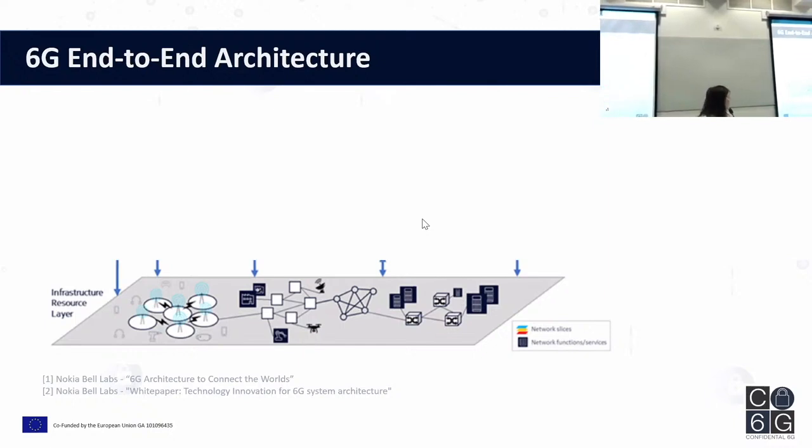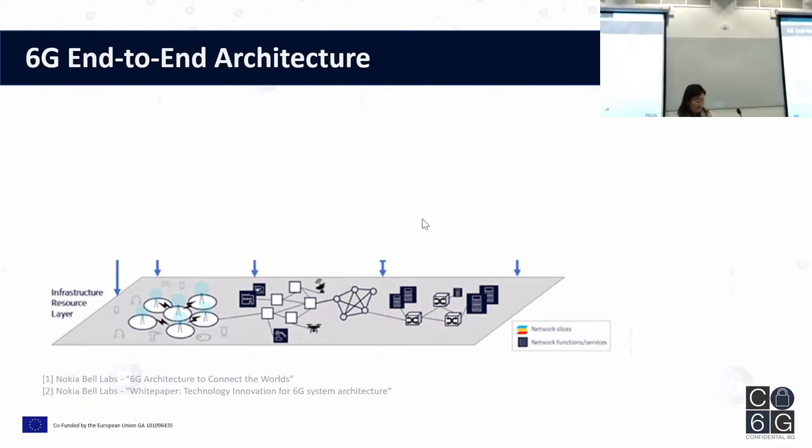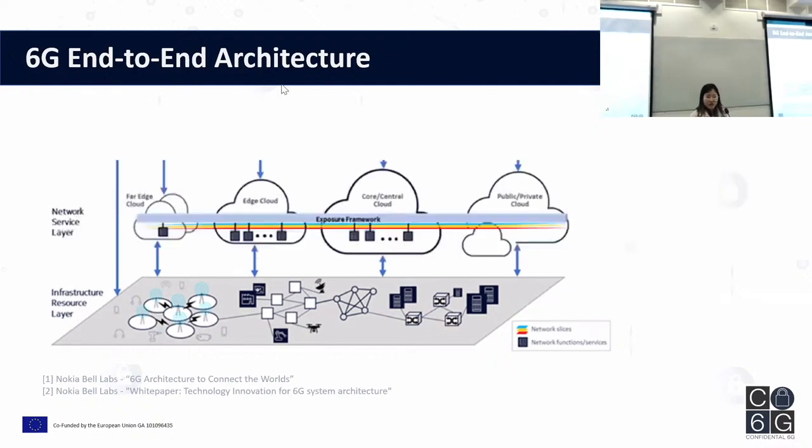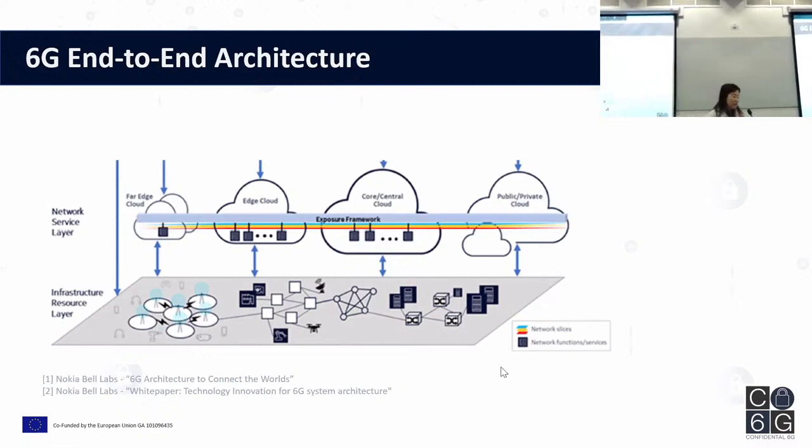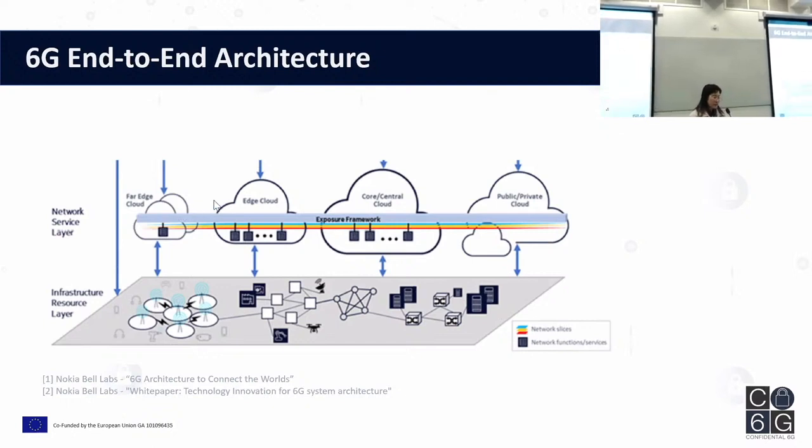Meanwhile, this black box here is the network function and services that are the focus in 6G. And based on this kind of infrastructure, the key architecture change to 6G will be on the network service layer, which mostly will transit to the cloud native or microservice architecture. The research around this topic is quite general.